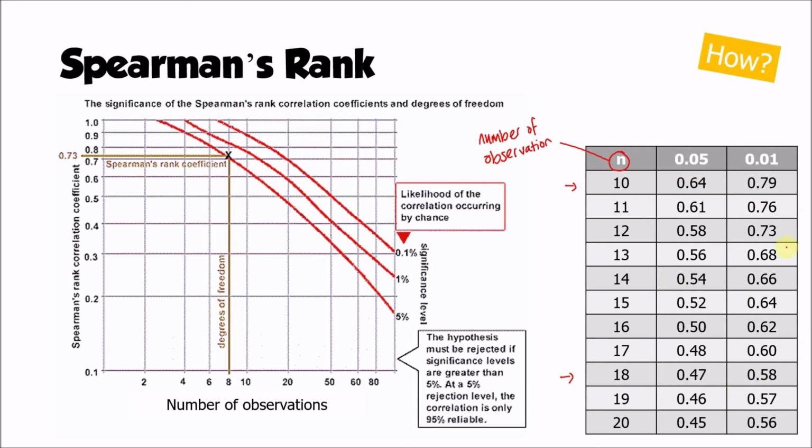So although there are lots of numbers in the table, at any one point you're only looking at 2 of them, the 2 that relate to the number of observations that you have. Now you'll notice there's also 2 columns. This 0.05 and the 0.01, both of these represent the likelihood that the result is random.